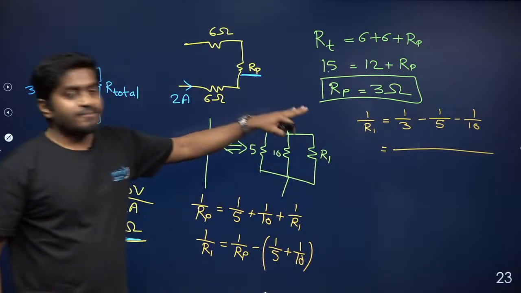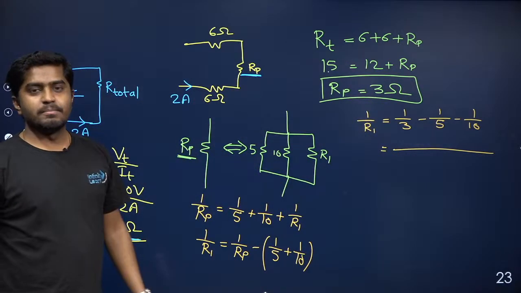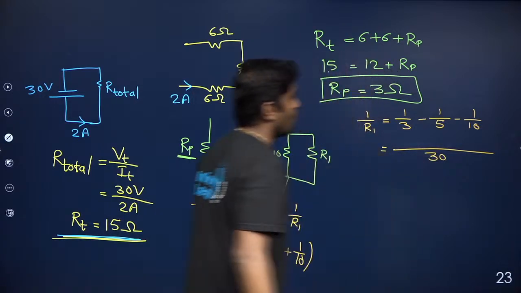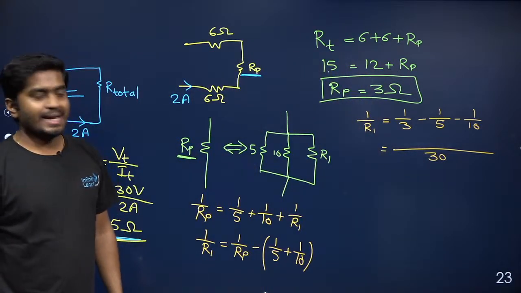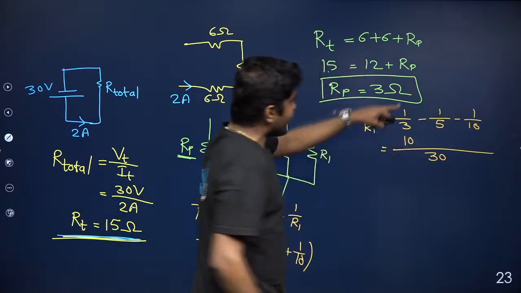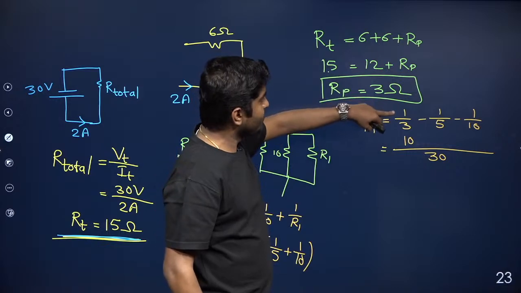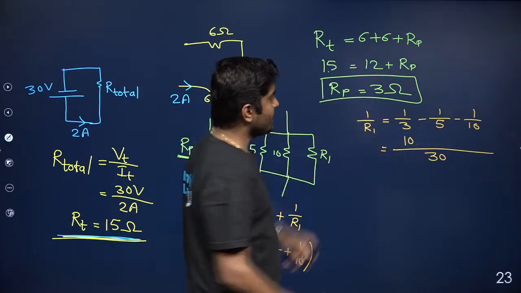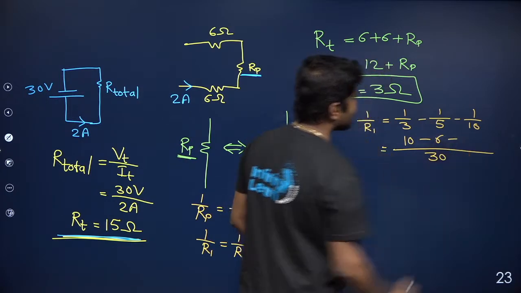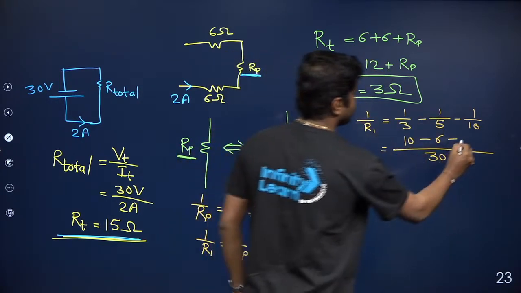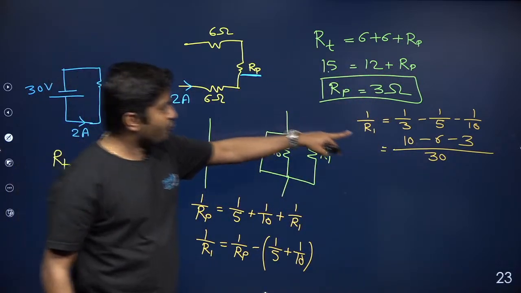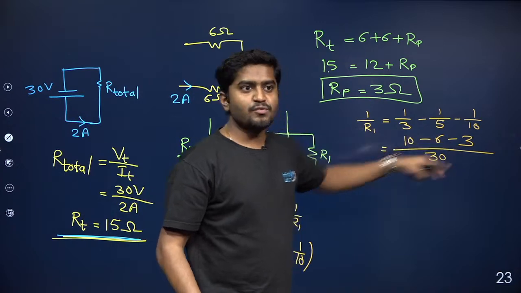For 3, 5 and 10, what is the LCM? LCM would be 30, correct? So 10 into 3 is 30, minus 5 into 6, minus 10 into 3. Correct? So 10 minus 6, which is 4, 4 minus 3, which is 1.